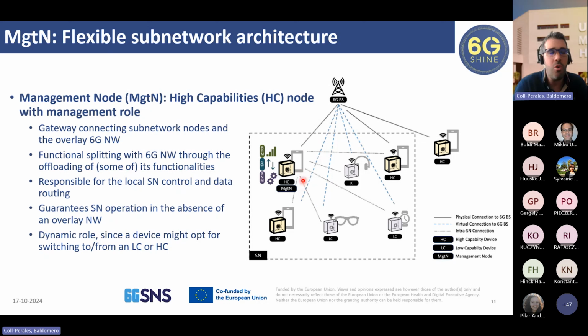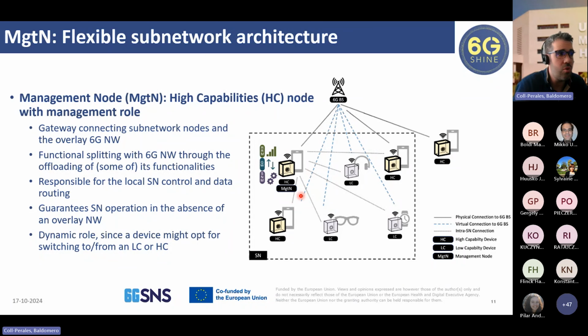This management node can also support functional splitting with the 6G network and take responsibility of certain management functions, including the routing of data and control information within a subnetwork, making it possible to guarantee the subnetwork operation also in case of absence of the overlay network.